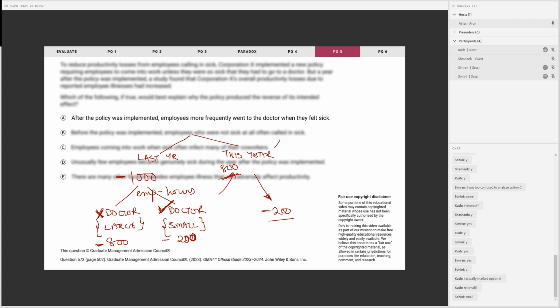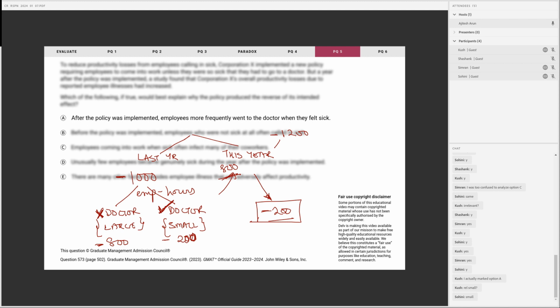So something more than 1,000, say maybe 1,100 or 1,200. The number doesn't matter, it just has to be greater than 1,000. Now, this is the problem with option A. If we are saying that employees more frequently went to the doctor when they felt sick, and all those employees stayed at home as well, what we're basically saying is that the number of seriously ill people went up by a massive amount.